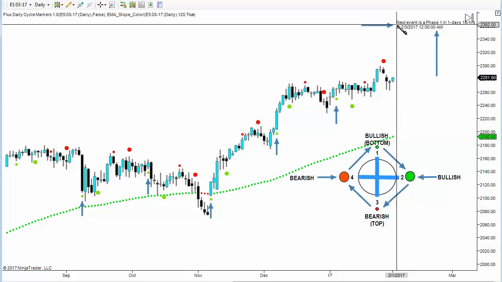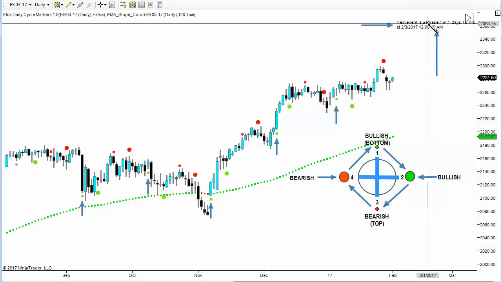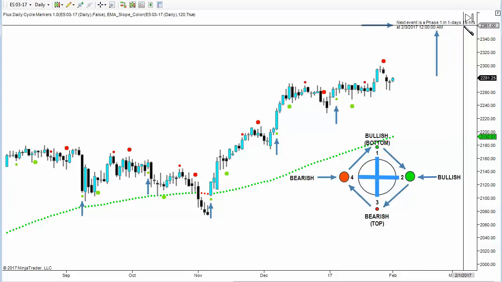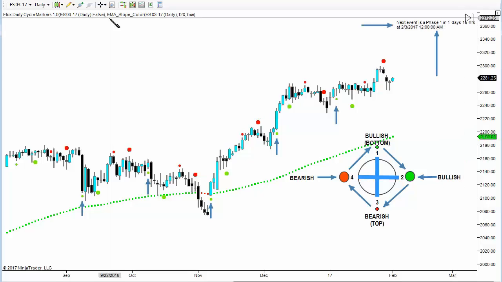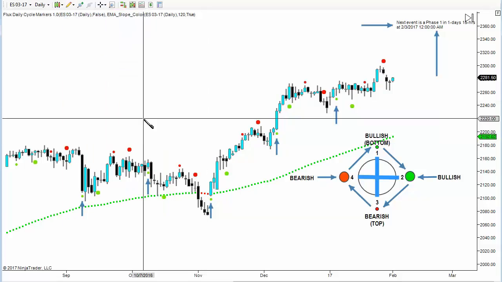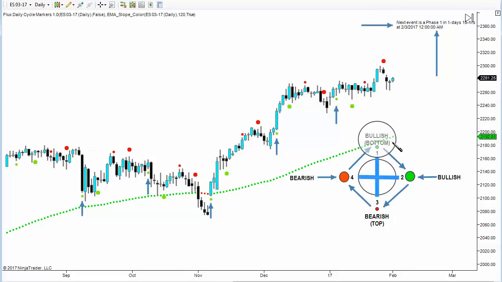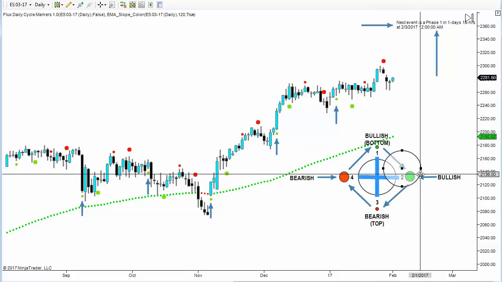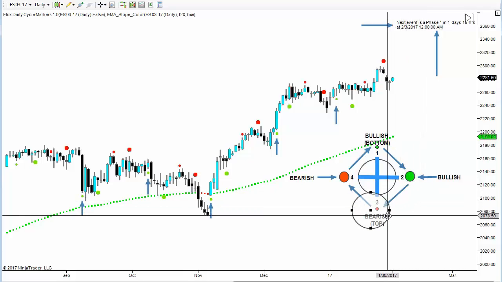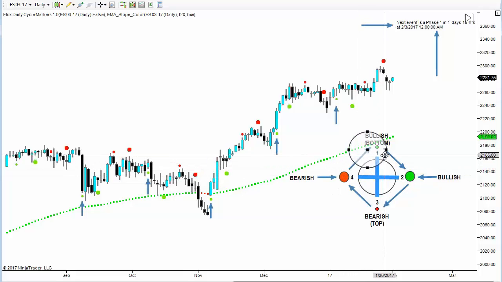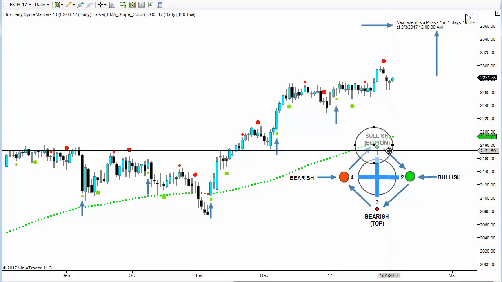And this sentence tells us, as of today, that the next event is a phase 1 event, and that it will arrive in 1 day and 15 hours. So 24, 34, 39 hours from now, we will be arriving at one of these. So we have been moving from here to here, here to here, here to the 4, and now we're just coming in to the phase 1.